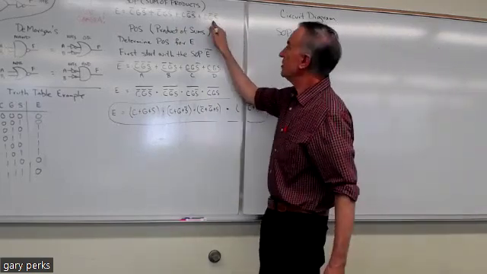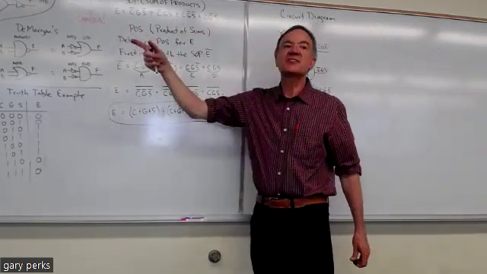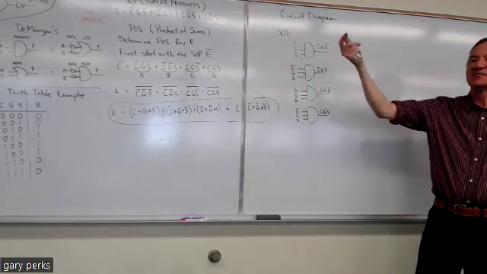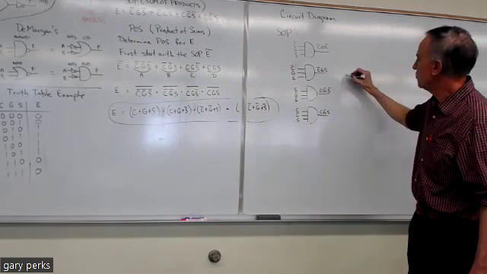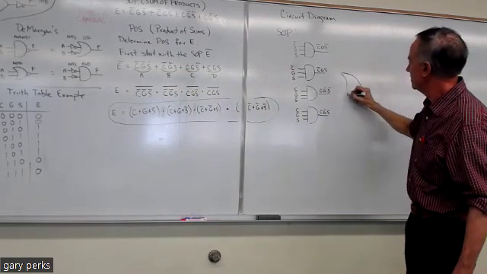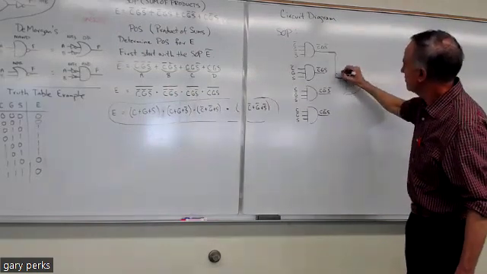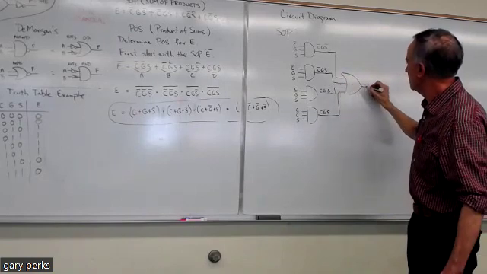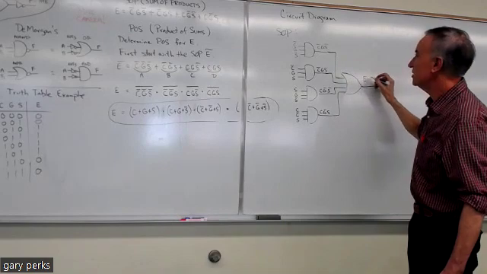And then these terms are all ORed together. So what gate are we going to need for that? Yeah, an OR gate. We just need one OR gate. Right? Outputs of all those ANDs goes to that OR gate. And that's where our output E is going to be.